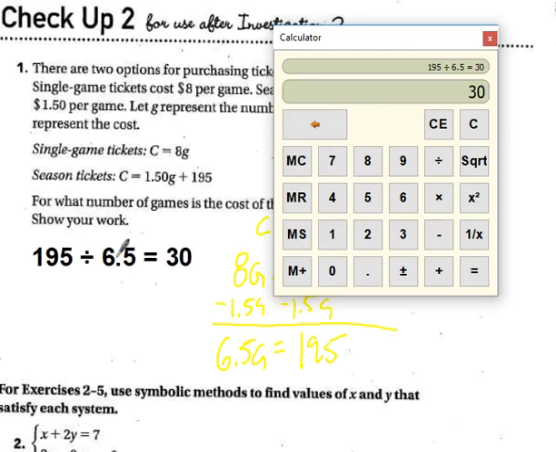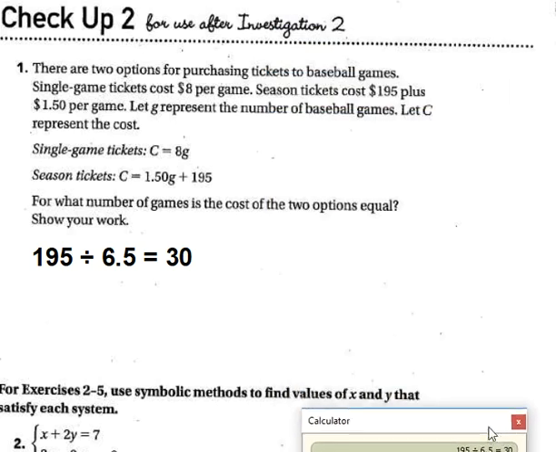And so that means at 30 games, the price is equal. So if this is a major league season, 162 games, this is a great deal.